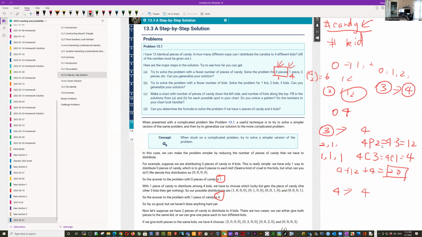There's one problem: the rules of the game change quite a lot, because the first one, 0 candy to 4 kids, is just 1.